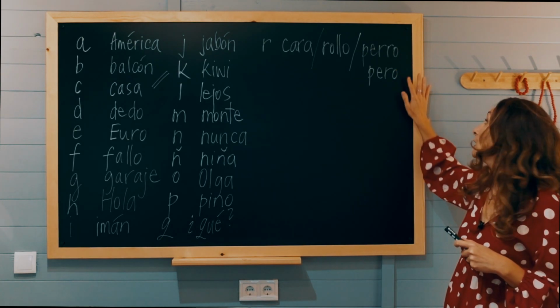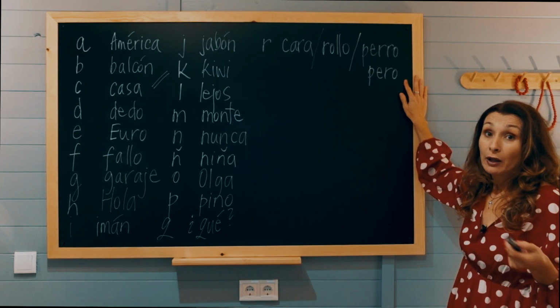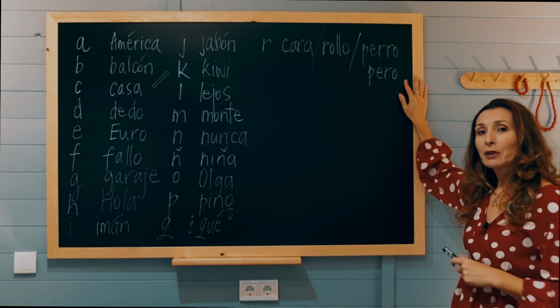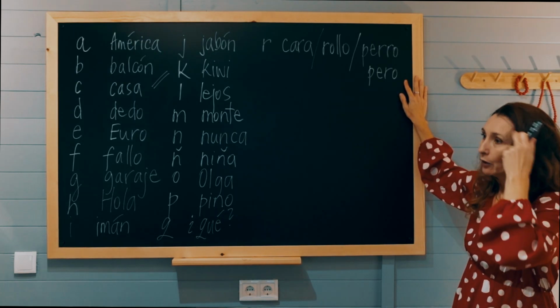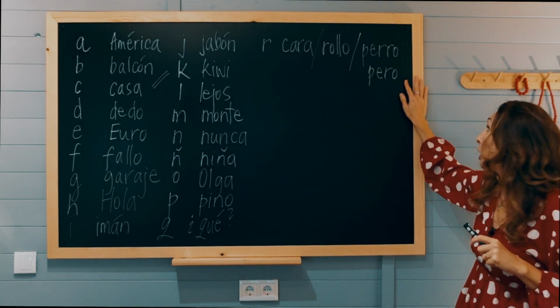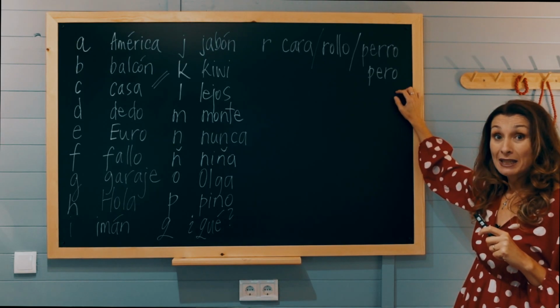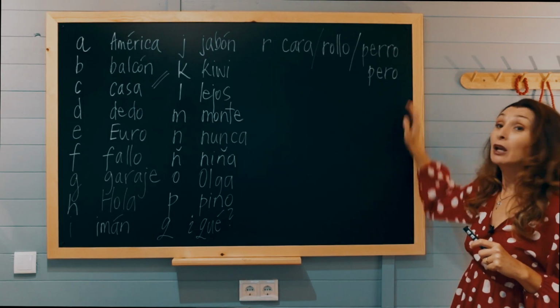This is a dog, and pero means but or although. Pero, yeah, but something else happened. I was planning to, I don't know, go on a holiday, but things changed and in the end I stayed at home. So pero is but, B-U-T, and perro is a dog, okay?